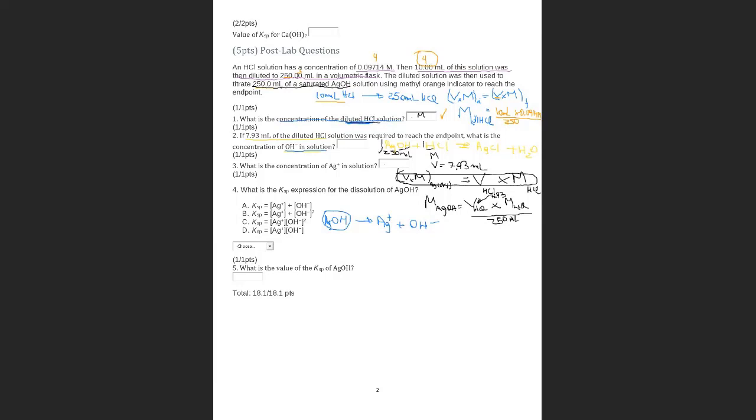The concentration of silver, because to be strict, we cannot include the solid, so we can say that the concentration of silver equals the concentration of hydroxide, because the coefficients are 1-1. So in question 2, it says concentration of hydroxide.